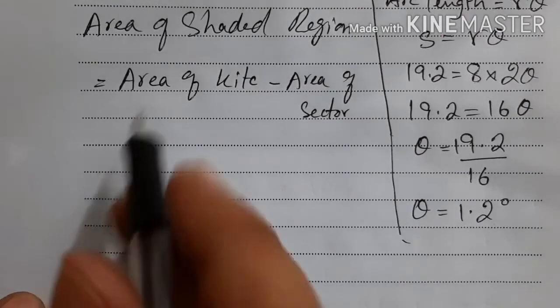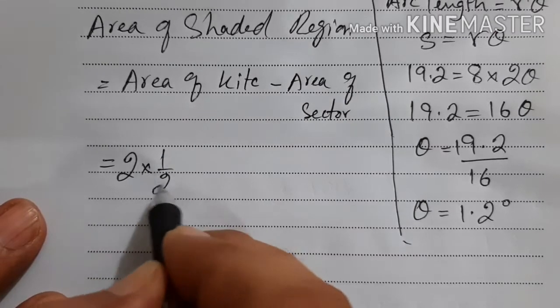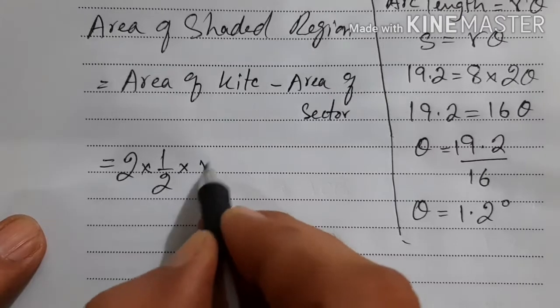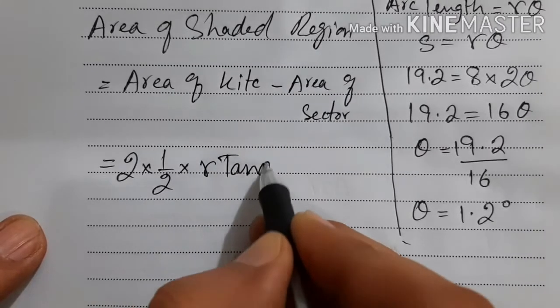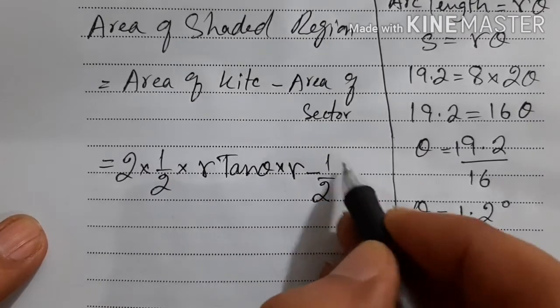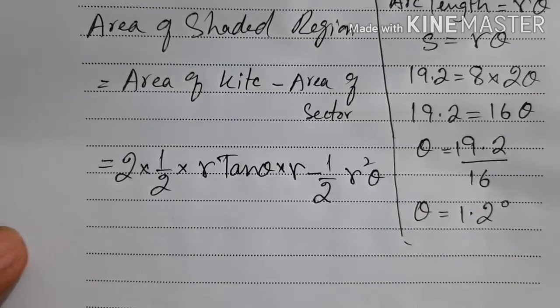So area of kite is 2 into 1 by 2 into base, which was r tan theta, into height, which was r, minus 1 by 2, area of sector is 1 by 2 r square theta.